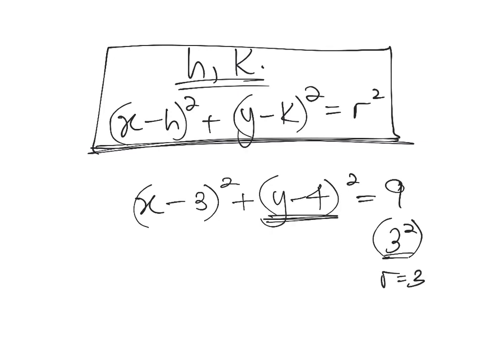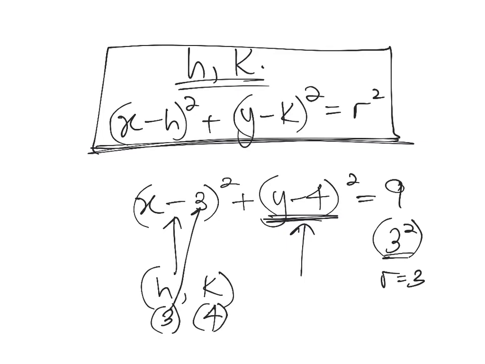If I ask you what is h and what is k, well, h is 3 and k is 4, because when I plug in those numbers, it's still leaving me in the form of x minus 3, because this minus was there originally. So this would be h.